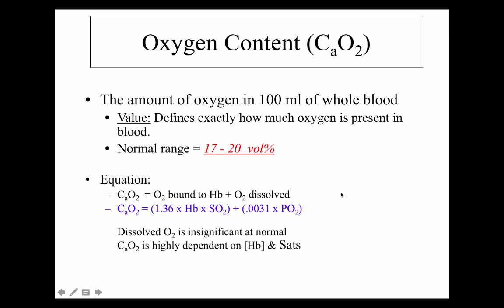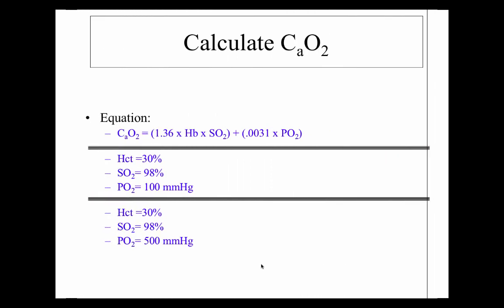I would like you, for this class, to actually calculate that using dissolved oxygen. Remember, on bypass, we can manipulate PO2s pretty significantly, so this can be much higher than the normal room air PO2. We'll talk more about that in class. In class, I'm going to give you some of these things to calculate. We'll calculate this.